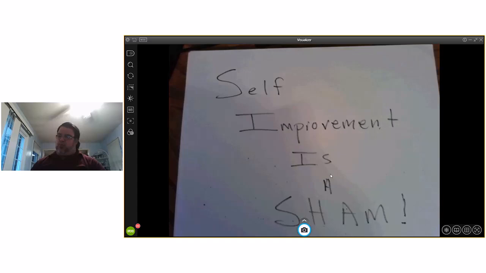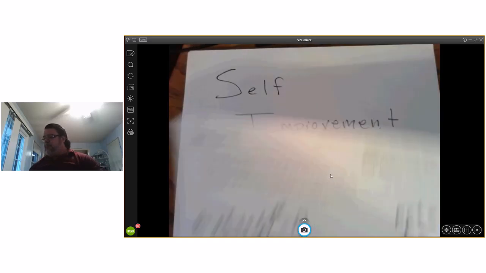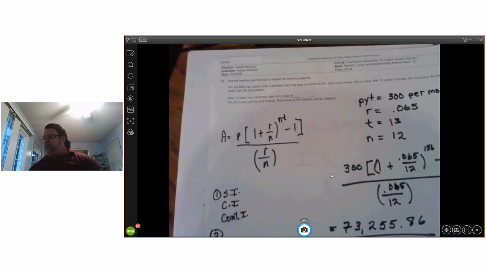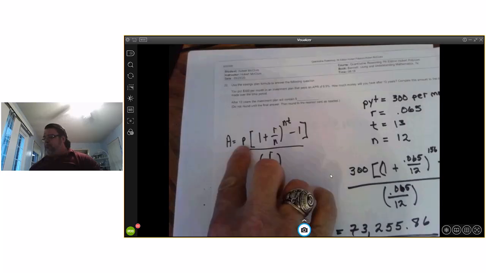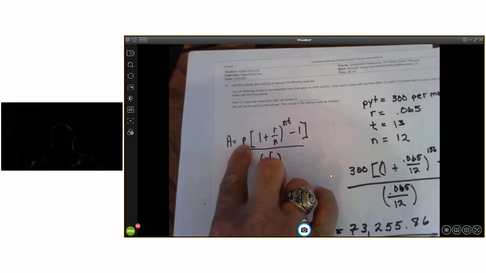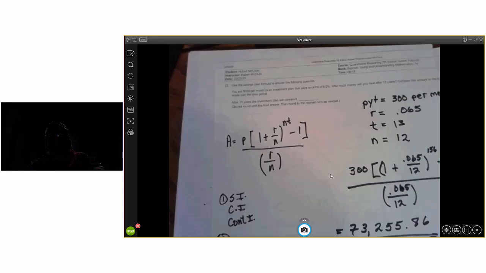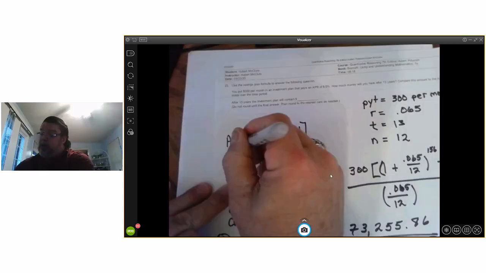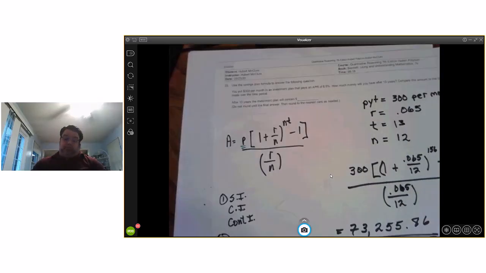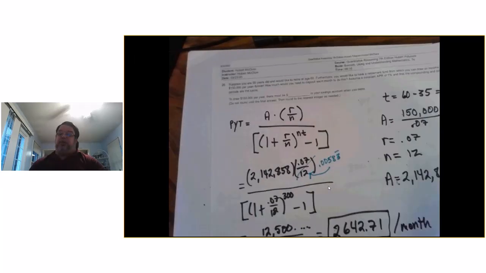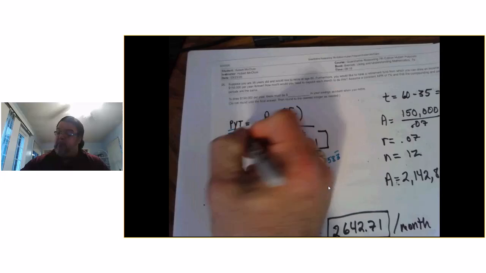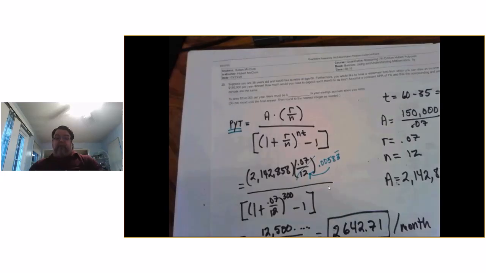So remember, I want you to write these down again. This is when you know the payment, because the payment is right here. This formula right here is when you know the payment. And this formula is for when you need the payment and you don't know the payment.